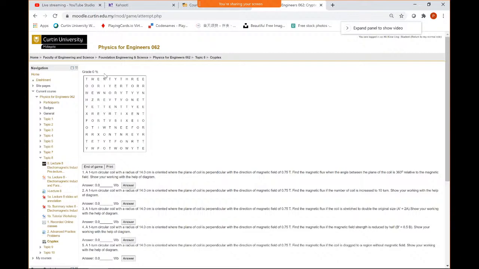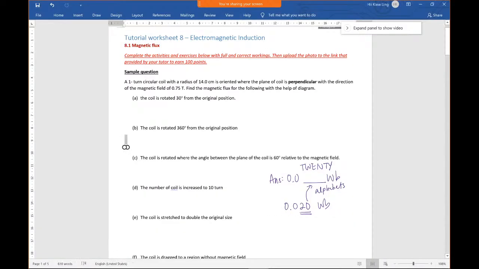Then you click answer and you write it down. Let's say it is 22, then what you have to write down there is 22 without any space or any dash.